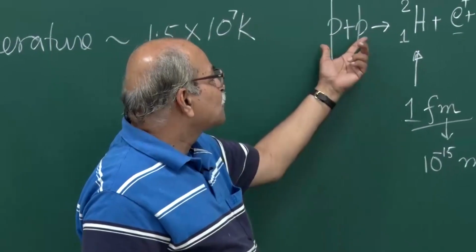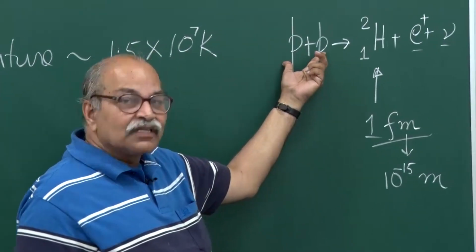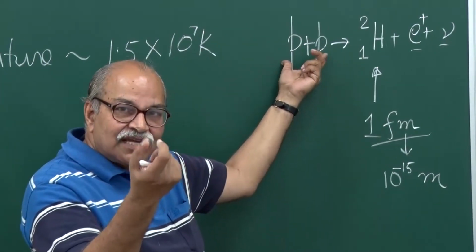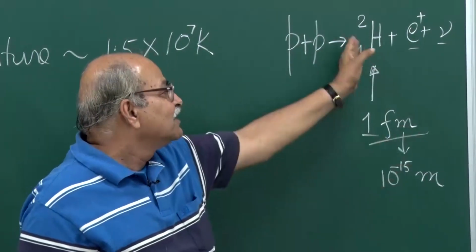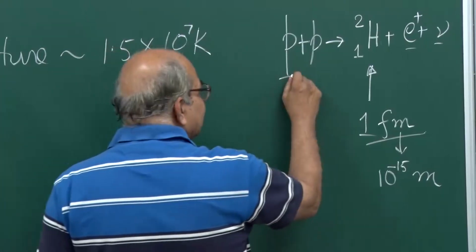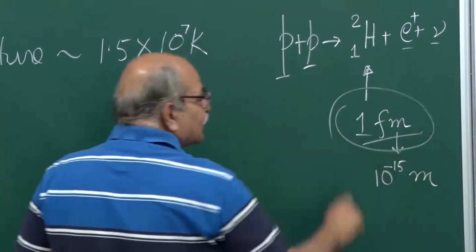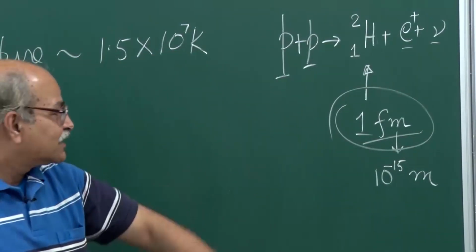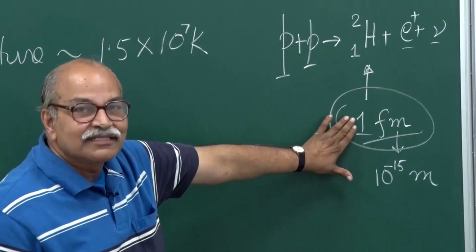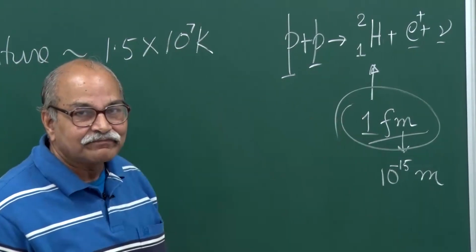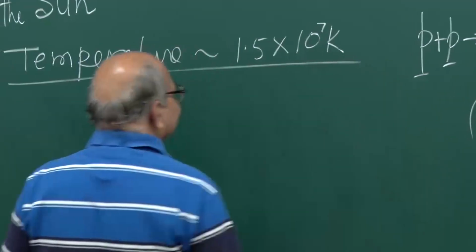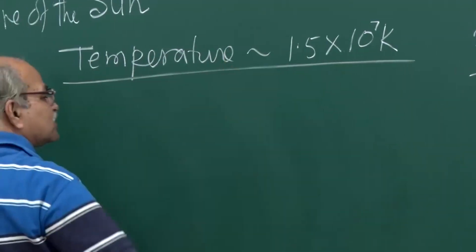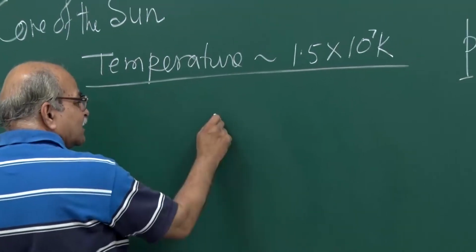So these two protons must come close enough, say at a separation of a femtometer or so, so that they can form this nucleus. So this is important. Now let us say, at this temperature, all protons are moving here and there with random velocities.